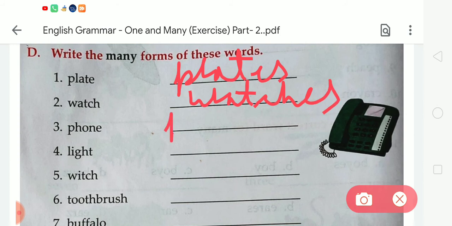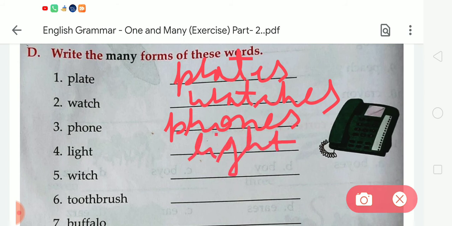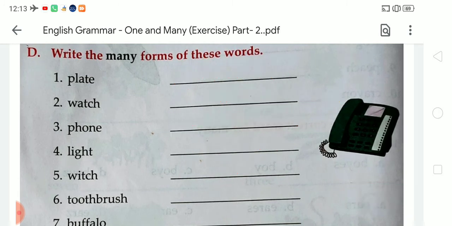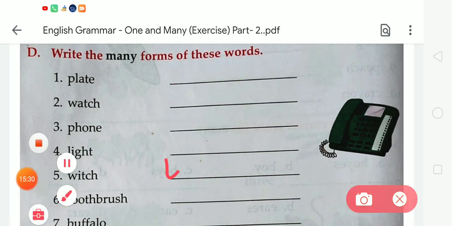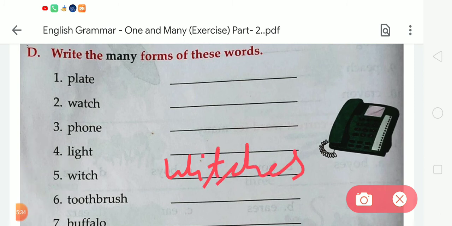In number third we have to add s, so it will be phones. In number 4 we write light as same. In number 5 we have to add es, it will be witches. In number 6 there is the word toothbrush, so we have to add es, toothbrushes.